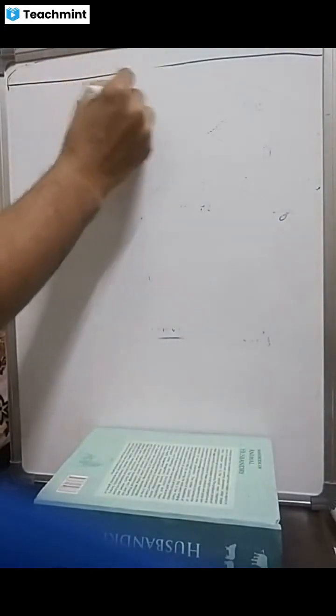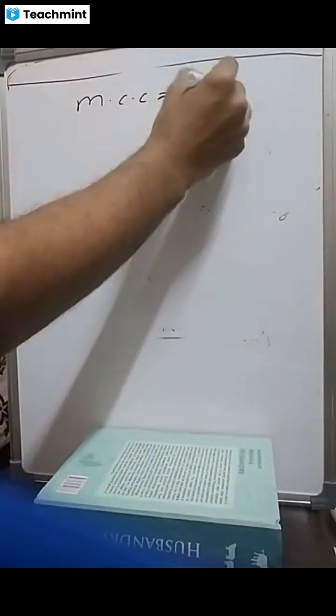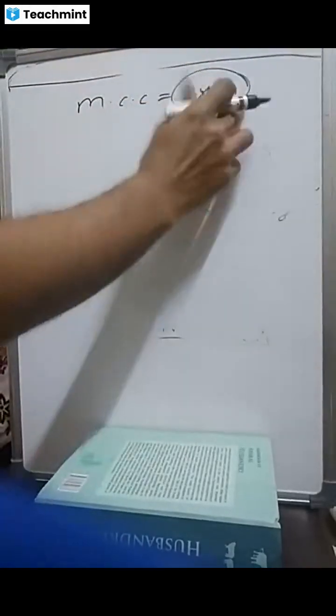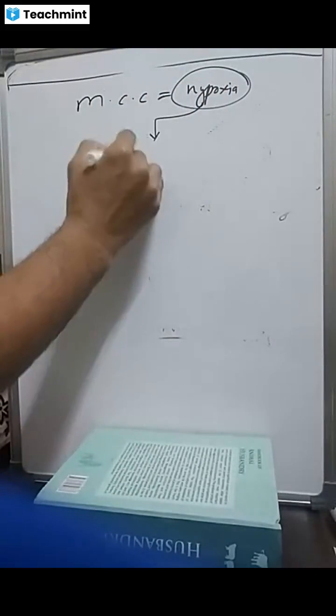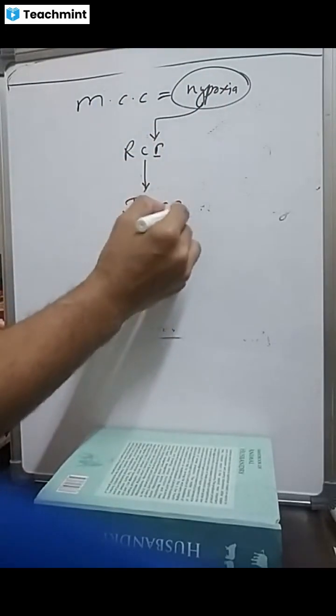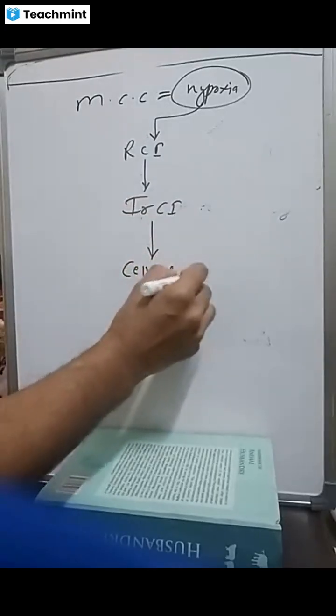As we see, the most common cause of cell injury is hypoxia. Because of this hypoxia, reversible cell injury, then irreversible cell injury, and then cell death.